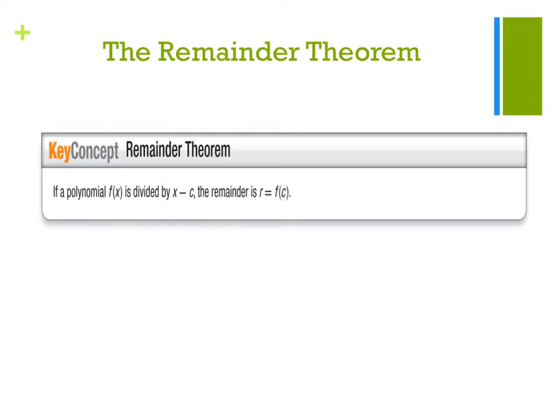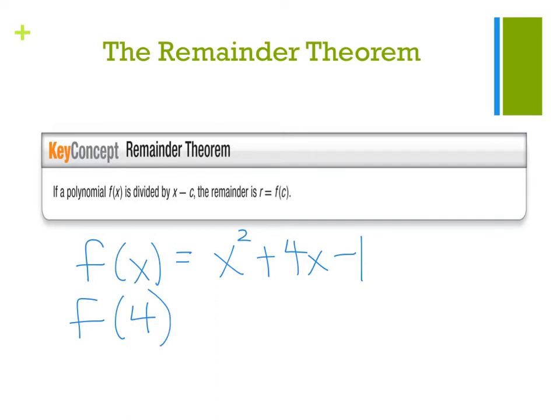If you remember earlier in the year, we talked about evaluating a function. For instance, I might give you the function f of x equals x squared plus 4x minus 1, and ask, what is f of 4?